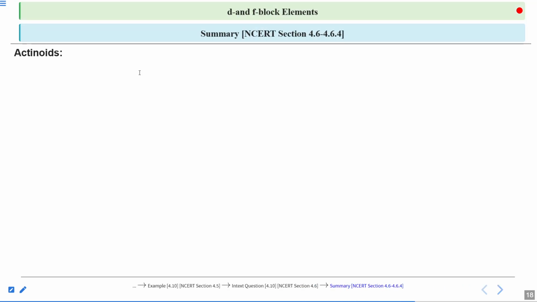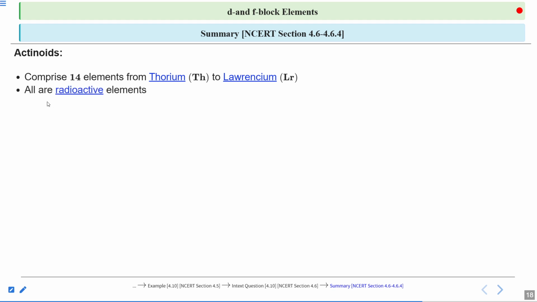Okay, so let's see the summary. Today we have covered the NCERT section 4.6 to 4.6.4. First of all, we have talked about the actinoids. It comprises 14 elements from thorium to lawrencium. We have seen that the actinoids are radioactive elements.